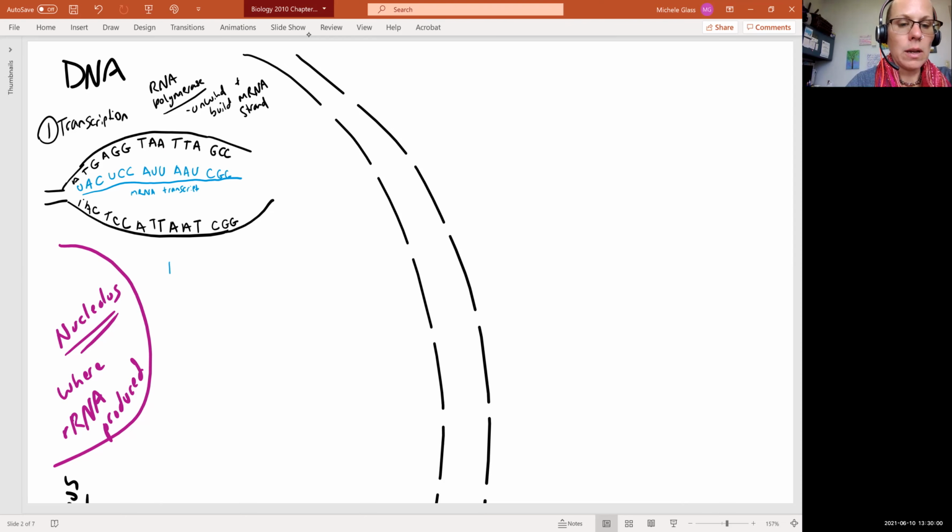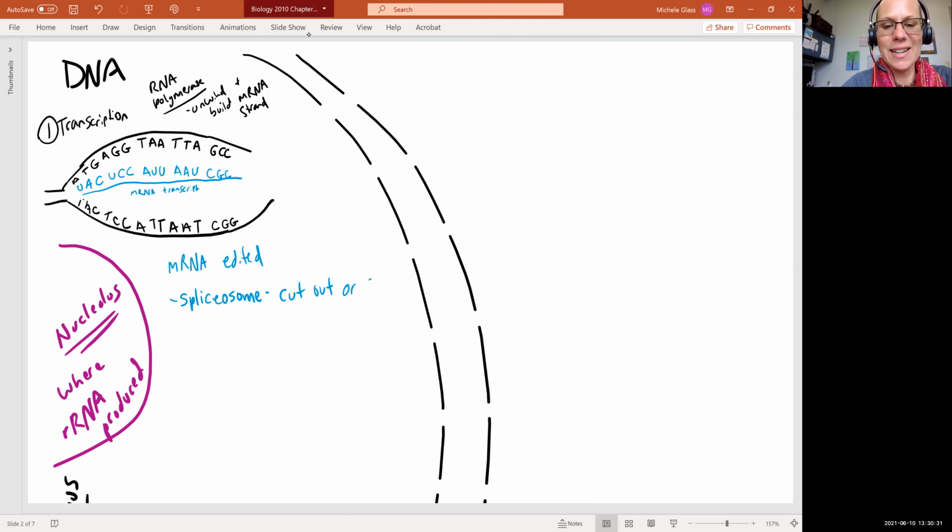Now what we're going to see happening is that while this mRNA is still in the nucleus, the mRNA is going to be edited before it leaves. And so we have an enzyme called spliceosome, which is going to cut out or splice.